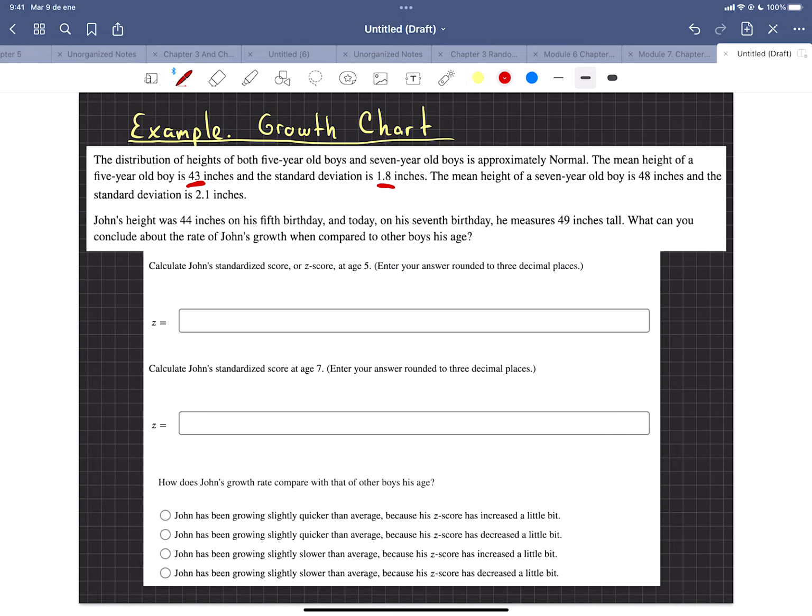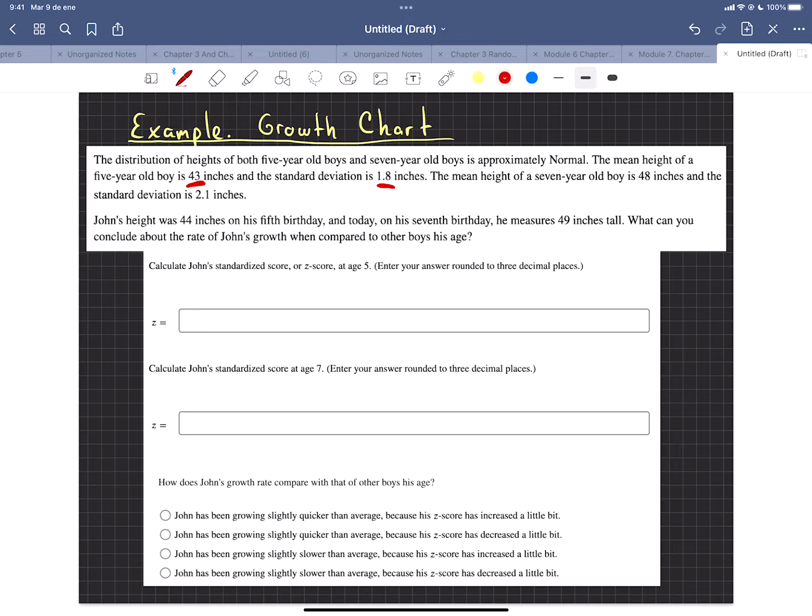The mean height of a 7-year-old boy is 48 inches, and the standard deviation is 2.1 inches. John's height was 44 inches on his 5th birthday, and on his 7th birthday he measures 49 inches tall. What can you conclude about the rate of John's growth when compared to other boys his age?